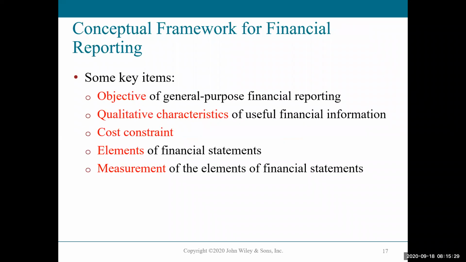Some of the key items that we look at are the objectives of general purpose financial reporting, the qualitative characteristics of useful information, the cost constraint, the elements that come to your financial statements, and how we measure these elements.